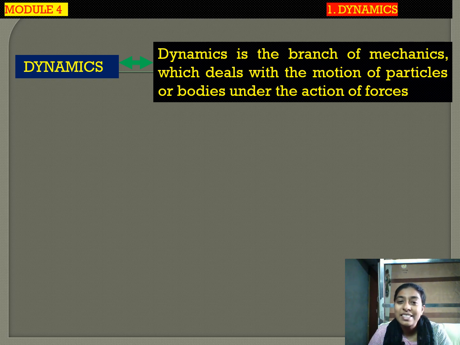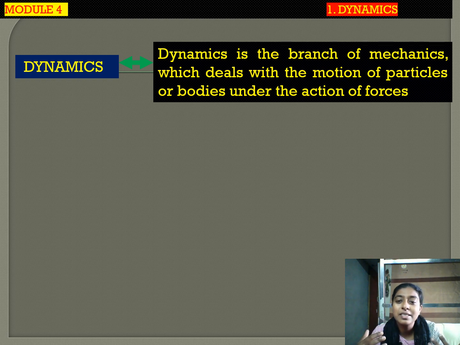So here it is, dynamics is the branch of mechanics which deals with the motion of particles or bodies under the action of forces. So dynamics means motion, when the particle is in motion. And when a particle needs to move, there should be some force applied to it. Only when a force is applied, the particle starts to move.